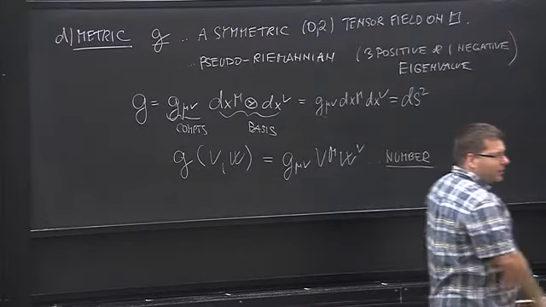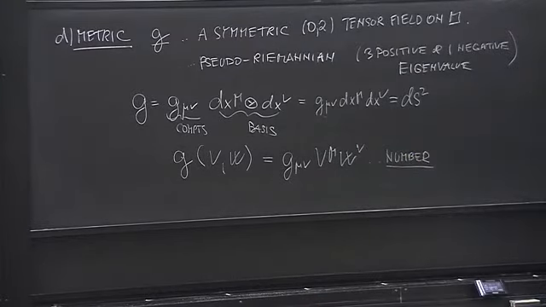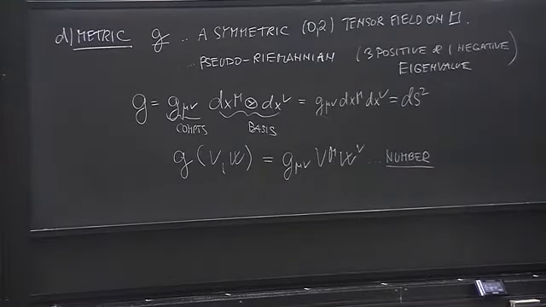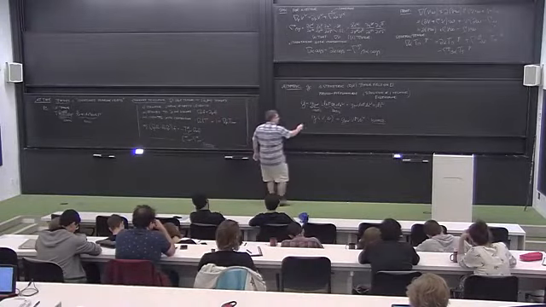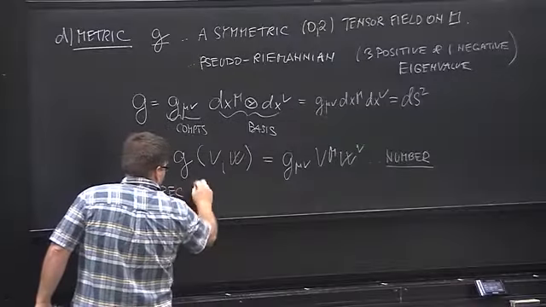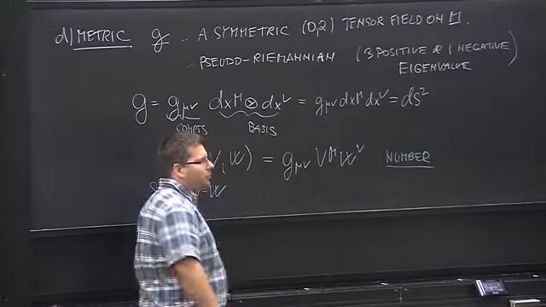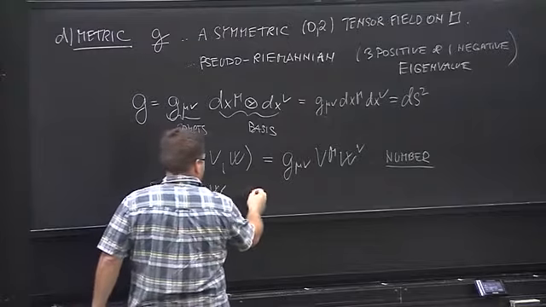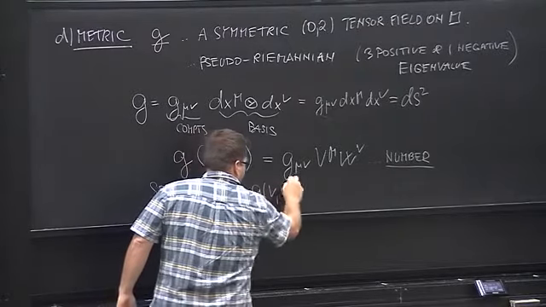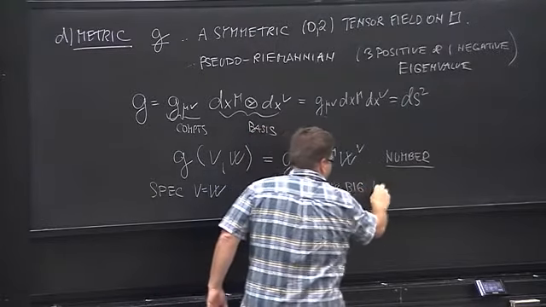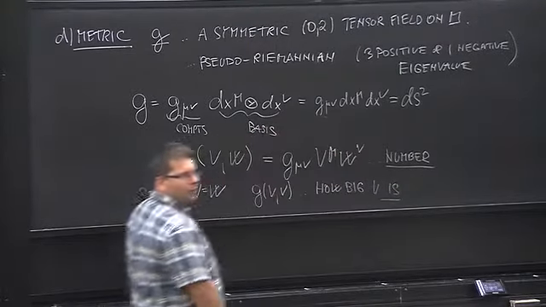Now how you interpret that number is that you say, well, it's a scalar product of these 2 vectors. In particular, if I plug in v equal to w, then g(v, v) will tell me how big v is. It tells me the magnitude of the vector v.